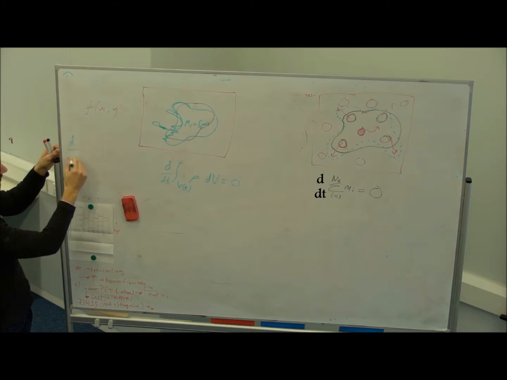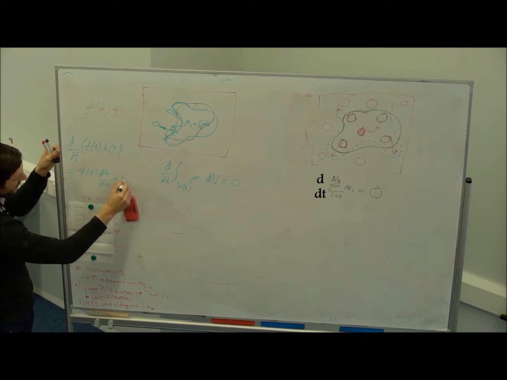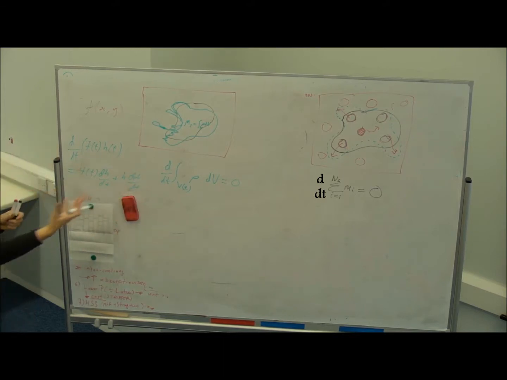So if we do d by dt of two functions, f of t and h of t, you've seen before that you can expand this out as f of t dh by dt plus h df by dt. So we can effectively treat this in that way, using this chain rule property. We're going to do the same thing.